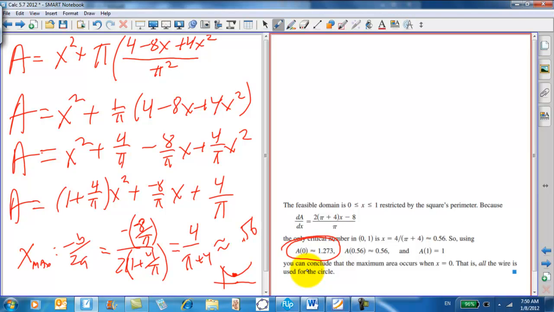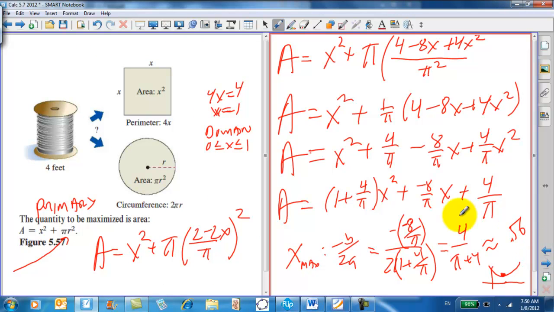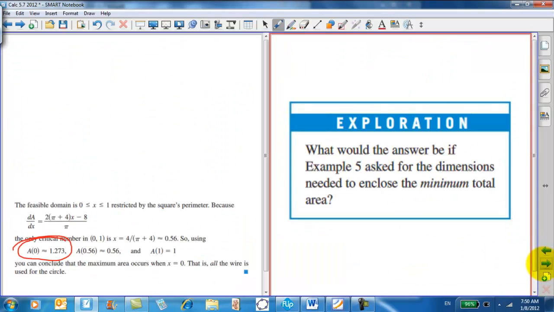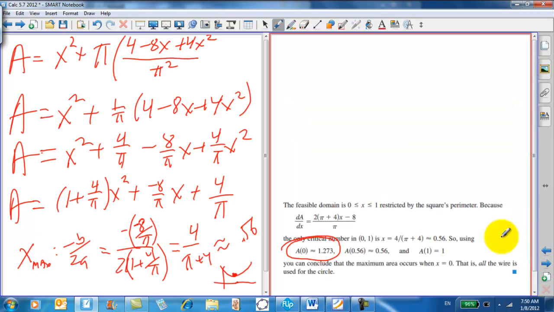It gives a much bigger area when x equals 0. You're basically putting everything into the circle, because a circle is going to be more efficient in enclosing area than a square is. So be careful of that when you're doing these problems. Now if I had said find the minimum, then our minimum would be here at 0.56.